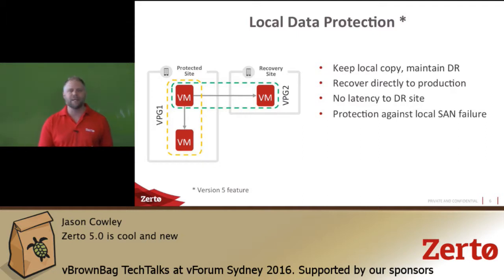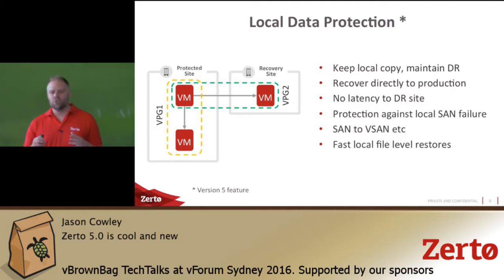We can just do it locally and recover a single VM. We can also use this to move from one platform to another. So let's say you had a SAN refresh and you want to move from a SAN to vSAN. We can actually help facilitate that while we still protect your production environment.